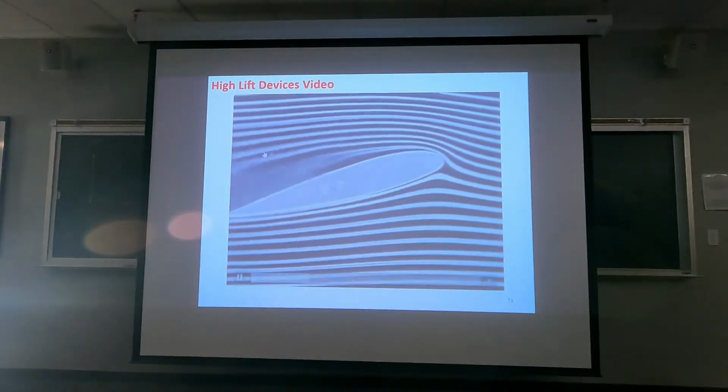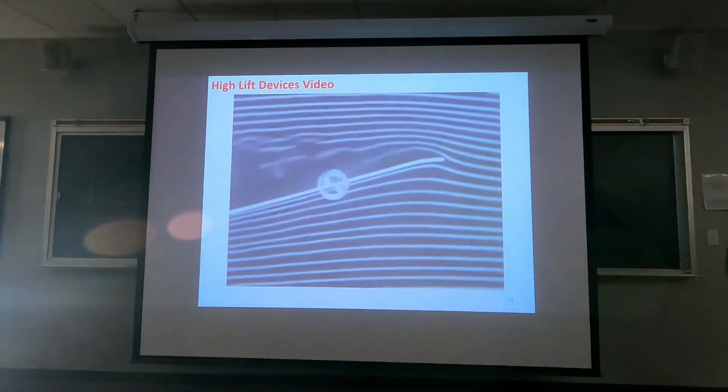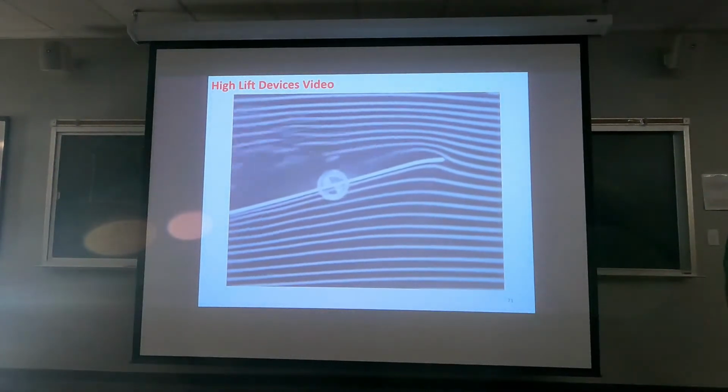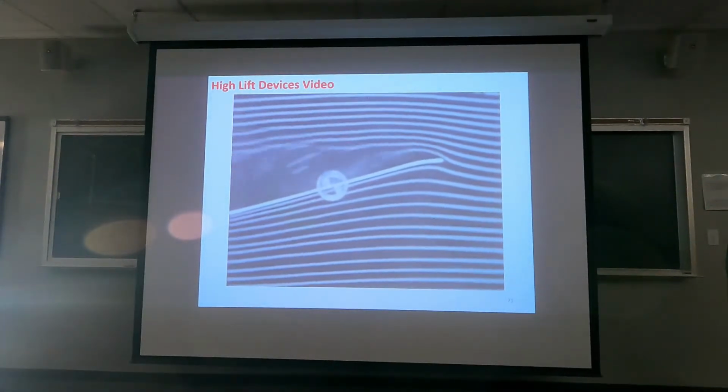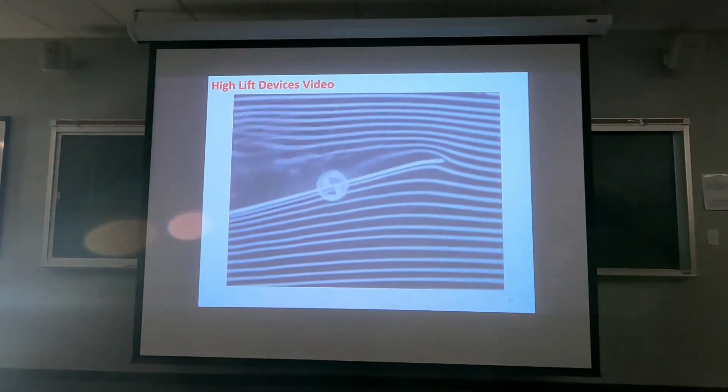You see the separation here? It started at a very low angle of attack and gradually moved towards the leading edge. Right? The separation here was more sudden on a flat plate.